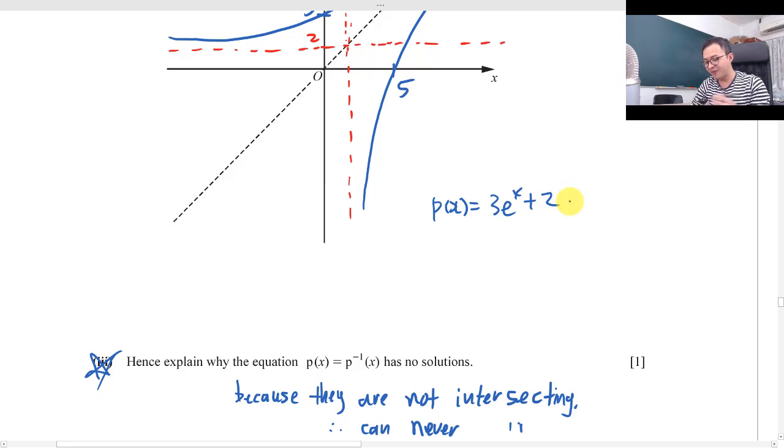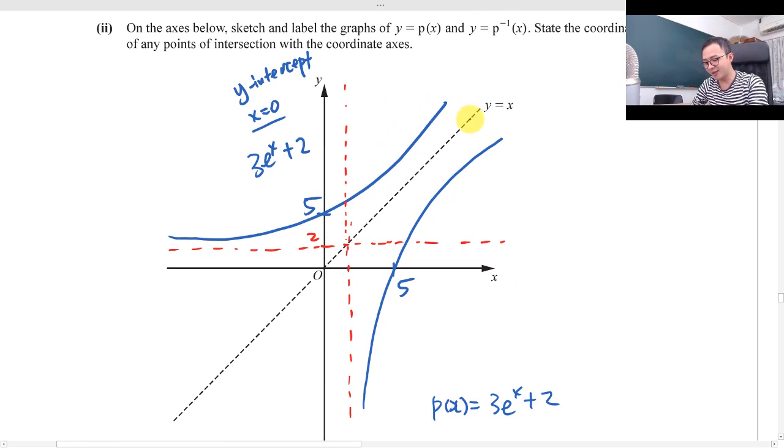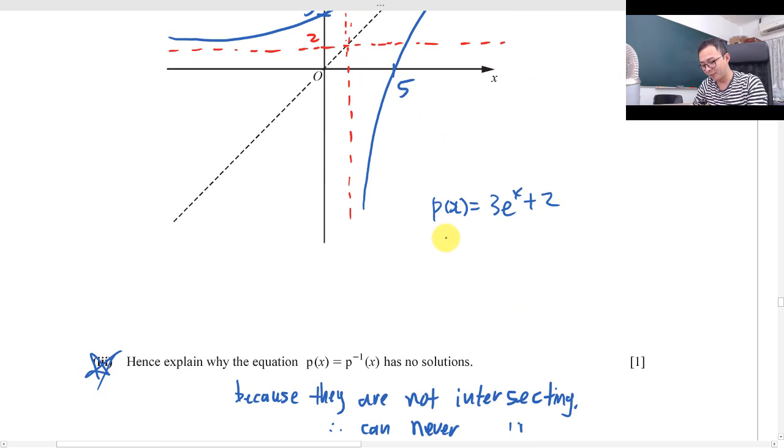So if they intersect, both of them must touch over here. That means p(x) will equal p inverse(x), right? So if they touch over here, the y can be the same as the x, right? So therefore, I can make my p(x) become x here, because my p(x) is y, and they touch at the line y equals x.